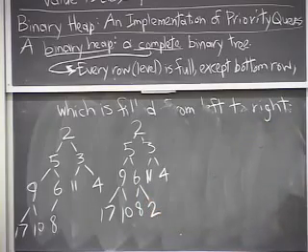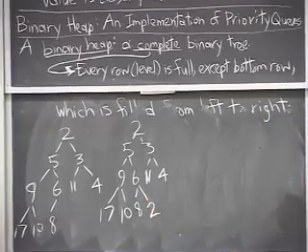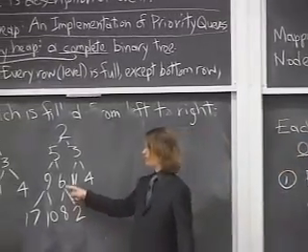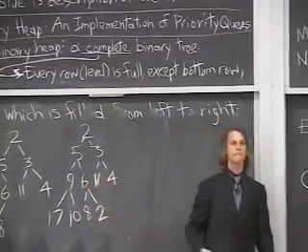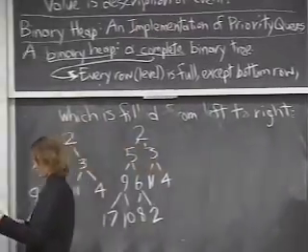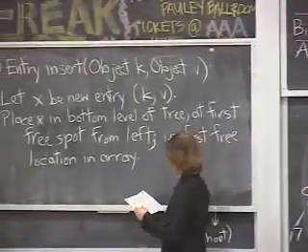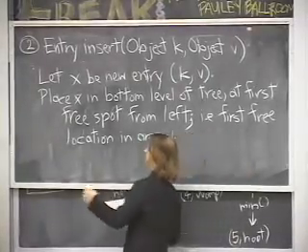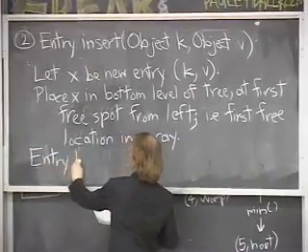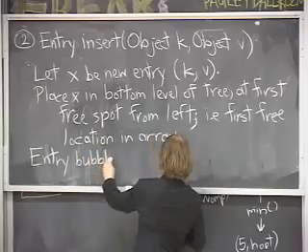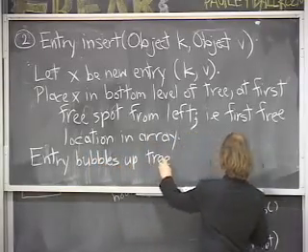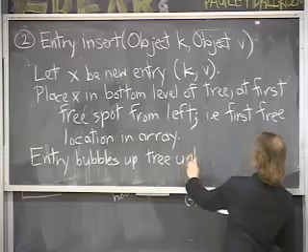Well, the heap order property says no child has a key less than its parent. And here's a child that has a key less than its parent. So we've got to fix that up. And the way we fix it up is that the entry bubbles up the heap. It goes up through the tree until the heap order property is satisfied.